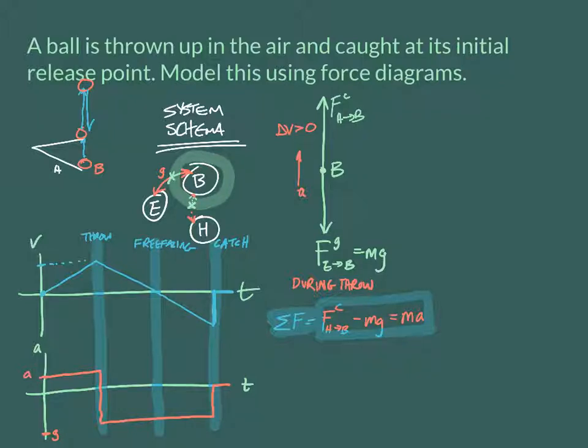Now, during free fall, we have other things to consider. So we still have the ball. Let's do this. I'm going to change colors here to keep things straight. Still the ball. It always has this mg part to it. So we'll, for sake of space, model it that way.